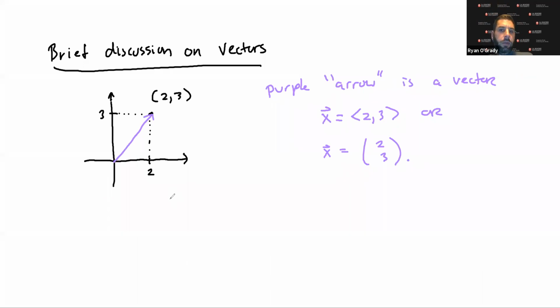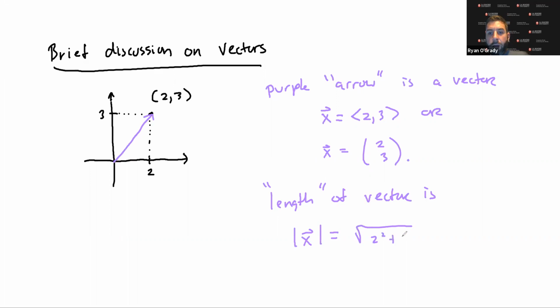And by the way, to continue with what we said before, the length of this vector, which we usually denote like this, you'll remember what it is. You're taught in physics that it's 2 squared plus 3 squared, which of course is the square root of 4 plus 9, which is 13.